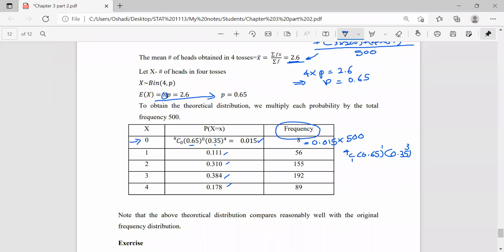Since the frequency value cannot take decimal places, we round up the answer to the next integer.